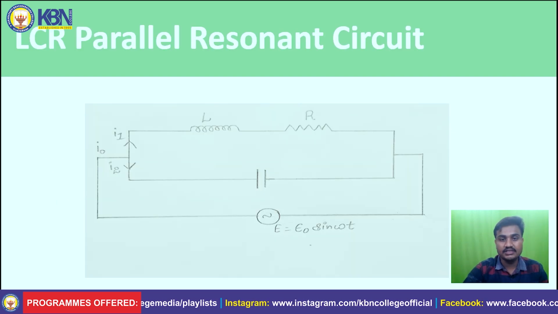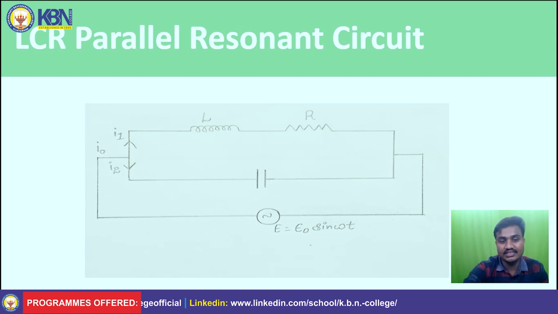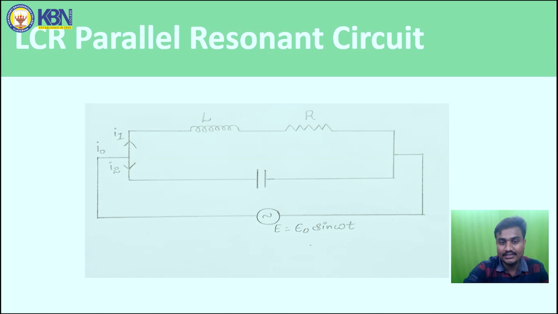Next topic is the LCR parallel resonant circuit. In LCR series we connected the inductor, resistor and capacitor in series, but here, in this diagram, one branch of the circuit has an inductor of inductance L and a resistor R connected in series, and the other branch consists of a capacitor.